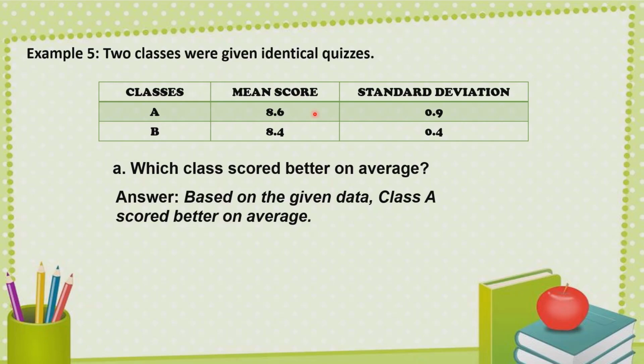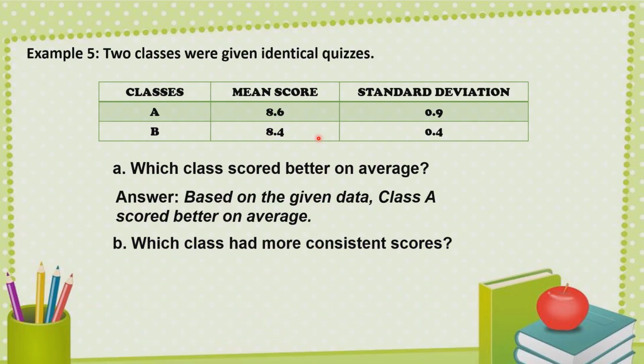Based on the given data here, Class A scored better on average because Class A has a higher mean, which is 8.6, while Class B has 8.4.